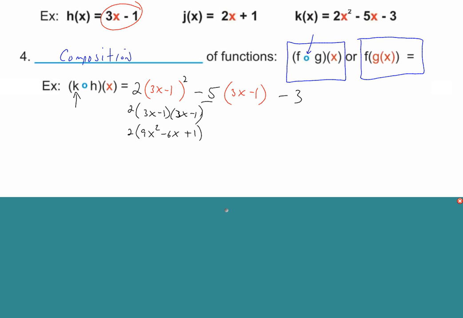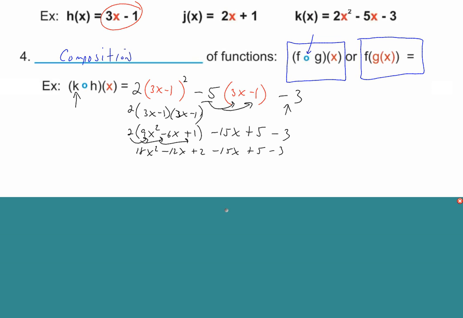Okay, here I've got the negative 5 times a 3x for a negative 15x, a negative 5 times a negative 1 for a positive 5, and then you still have this negative 3 on the back. Now in all this, I still have a 2 to distribute, 18x squared minus 12x plus 2, and then still the negative 15x plus 5 minus 3.